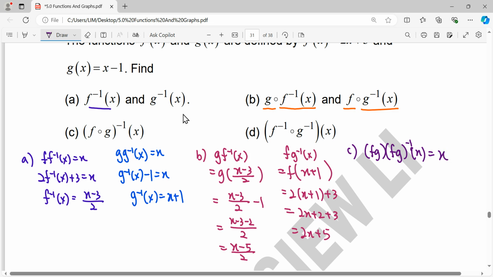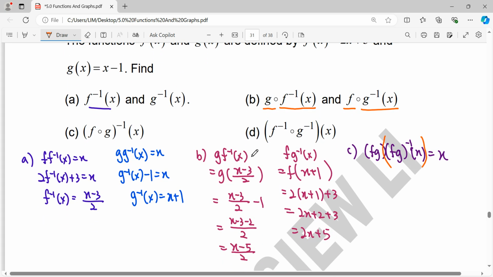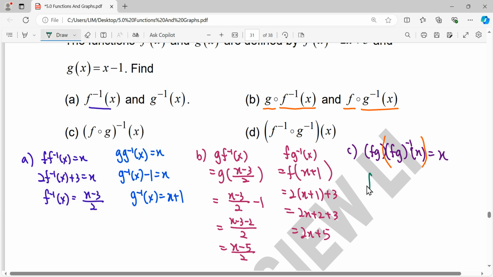So we substitute this fg inverse into the composite function of fg. We don't have our composite function, therefore we find out first what is our fg, what is our composite function f and g. So find out our fg(x) first.